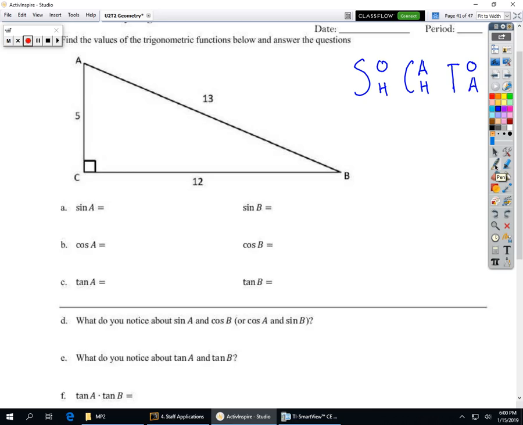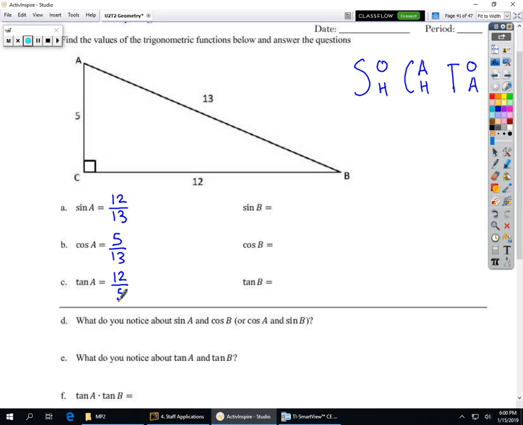Sine of A. So sine is what over what? SOH, opposite over hypotenuse. Opposite of A is 12. The hypotenuse is 13. Cosine of A: the adjacent is 5. The hypotenuse is 13. For tangent of A, the opposite is 12 and the adjacent is 5.